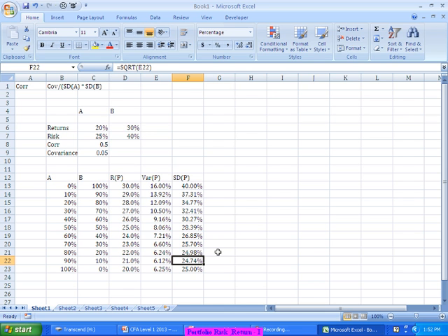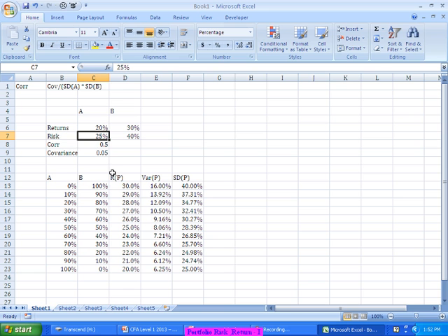Whereas in case of return, you see it's a constant drop. In case of risk, that did not happen like that. It happened slightly differently, which means the return always lies between 20 and 30, the minimum and the maximum, whereas the risk can be brought down below the minimum of the two also. That is the concept of portfolio management.